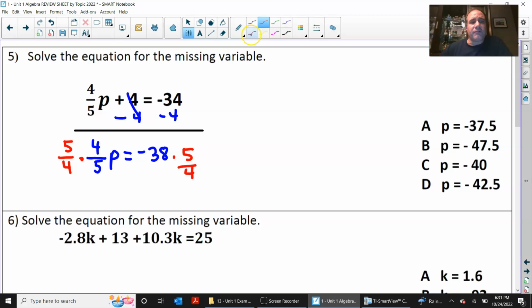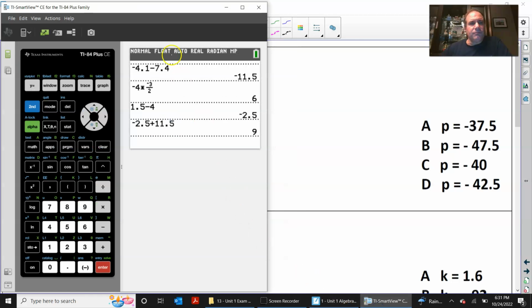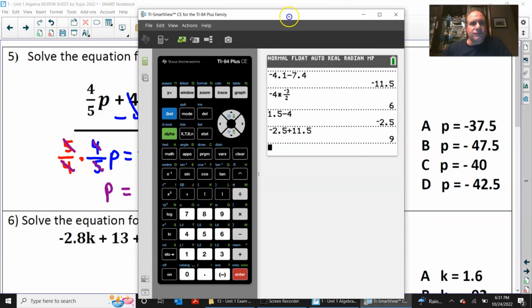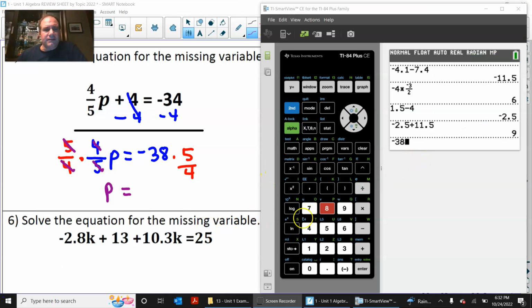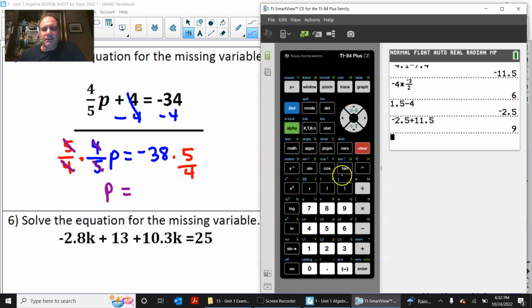The reciprocal of 4 over 5 is 5 over 4. We cancel the 5s, they cross cancel, and the 4s cross cancel. You have p equals, this is way too much for me, I am going to go to my calculator. I have negative 38 in my calculator, and I forgot to press times, and now I'm going to press alpha X, 5/4.